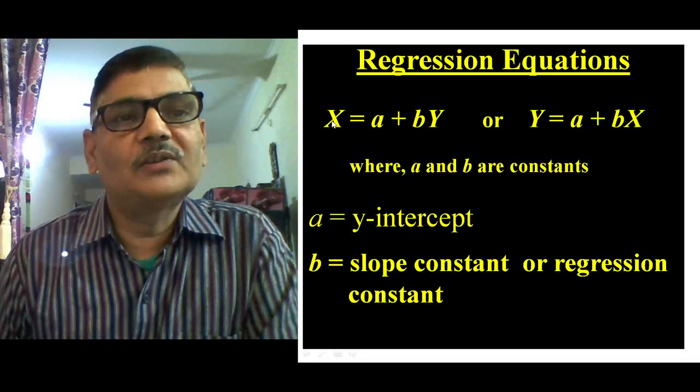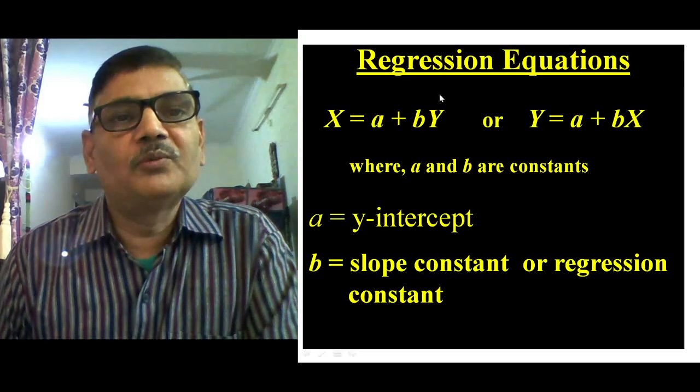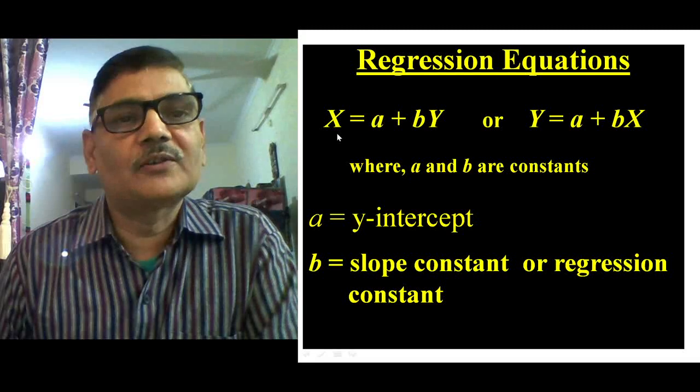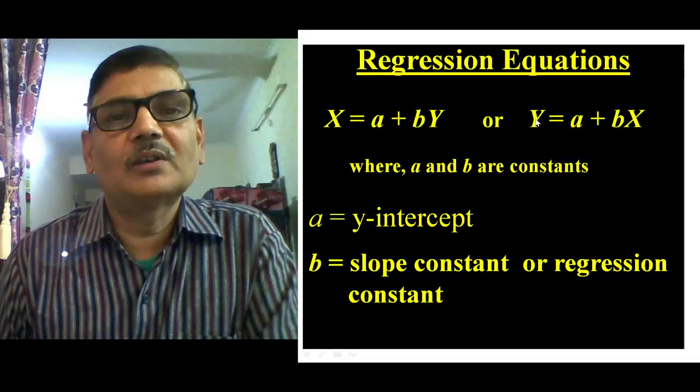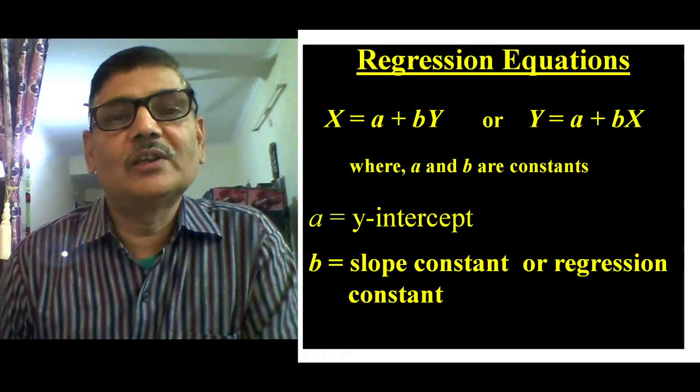So if we have this equation x = a + by, then in that equation, by putting the value of the y variable, we shall be able to get the value of x. Similarly, in case of the other equation, y = a + bx, if the a and b values are known, then by putting any specific value of the x variable, we can know the probable value of y, and that value of y will be, to a large extent, very probable, depending upon the level of correlation.